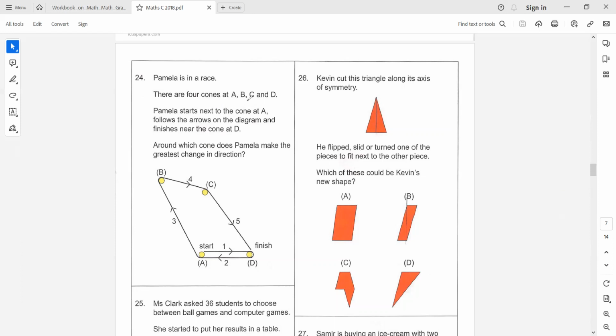There are 4 cones A, B, C, D. Pamela starts at cone A. Follow the arrows. This arrow is going this way, right? And finishes at D. That means she has to come this way.